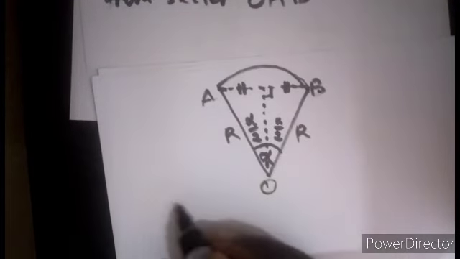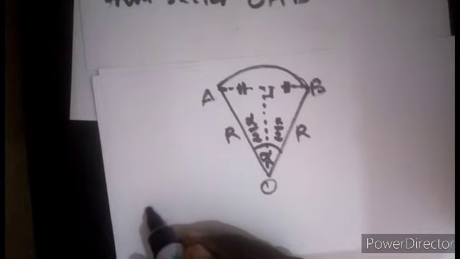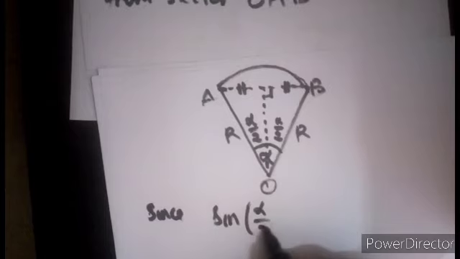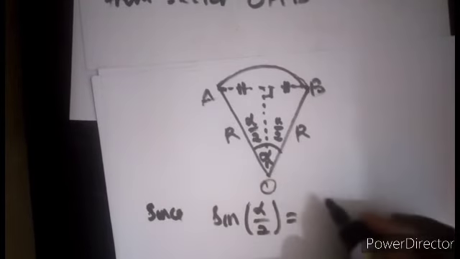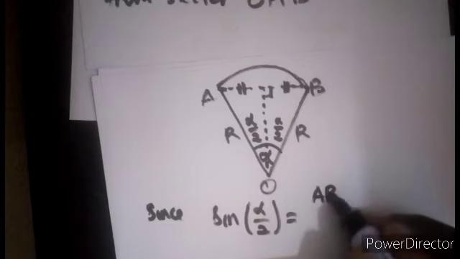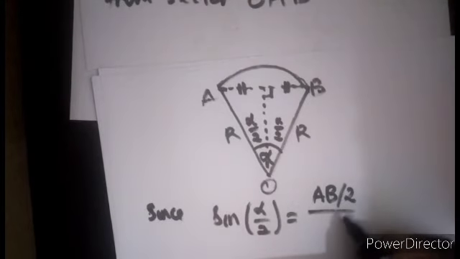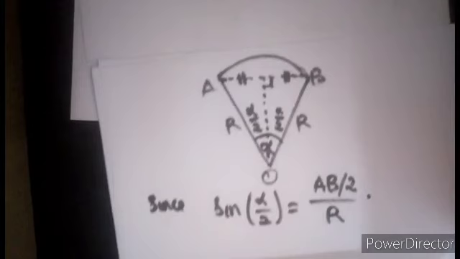And because we know already AB, we can easily find this arc. You see that sine alpha over 2 is the opposite, which is half of AB all over the hypotenuse, which is capital letter R.